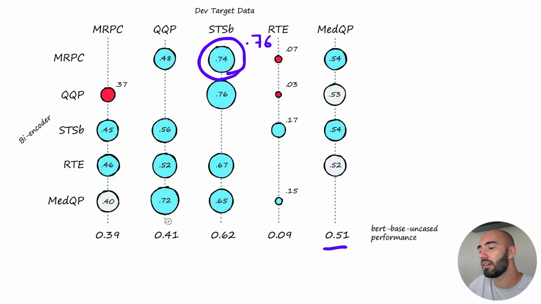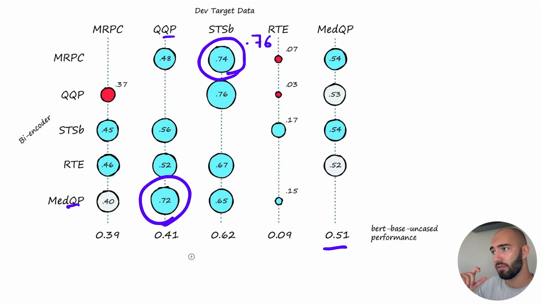The one that I suppose did surprise me, although it does make sense, is this one here. The transfer from medical question pairs to Quora question pairs was pretty good. And if you have a look here, from Quora question pairs to medical question pairs, it's not as good.